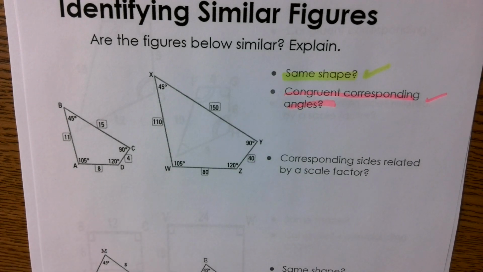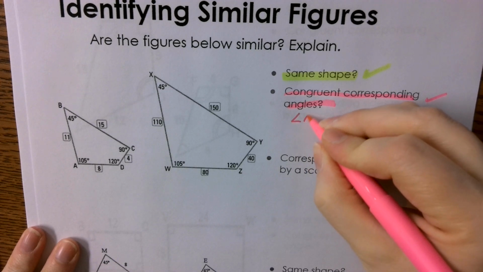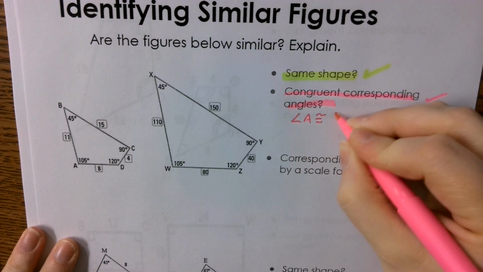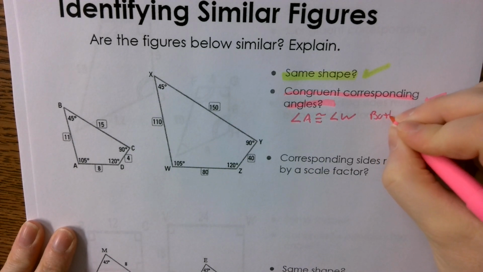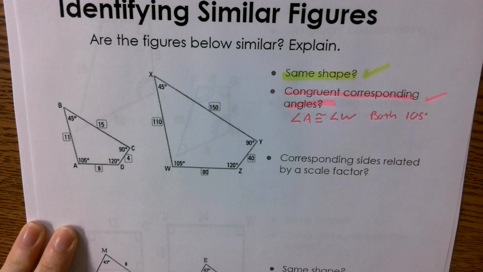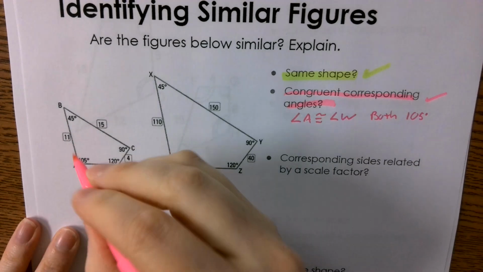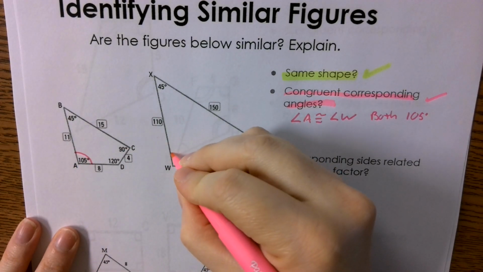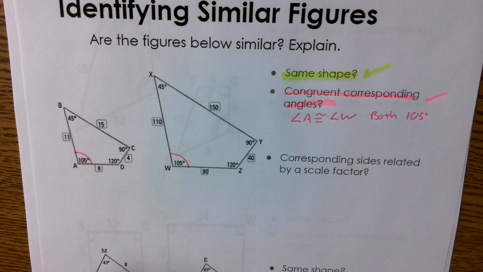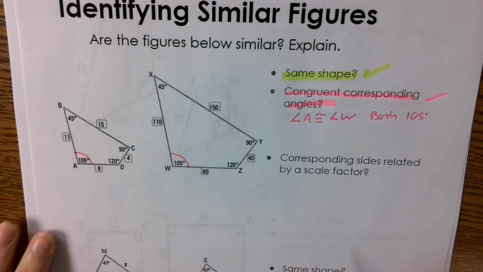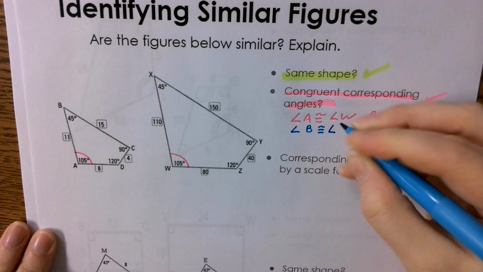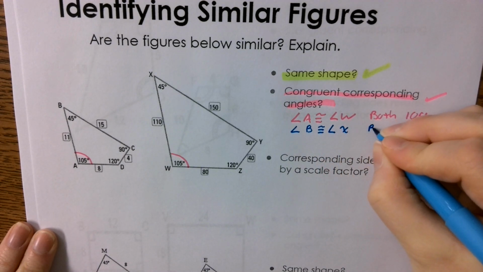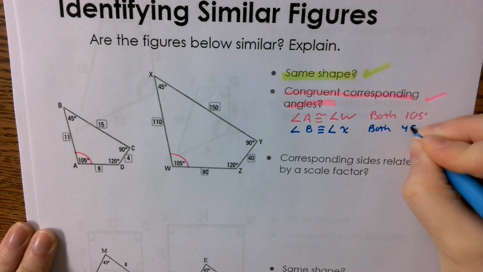If we take a look here, angle A is going to be congruent to angle W, okay, because they're both 105 degrees, right? So here's angle A, here's angle W. They are both 105 degrees. We have angle B. Angle B is going to be congruent with angle X because they are both 45 degrees.